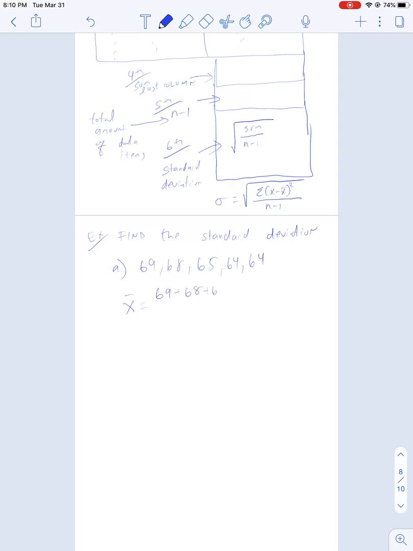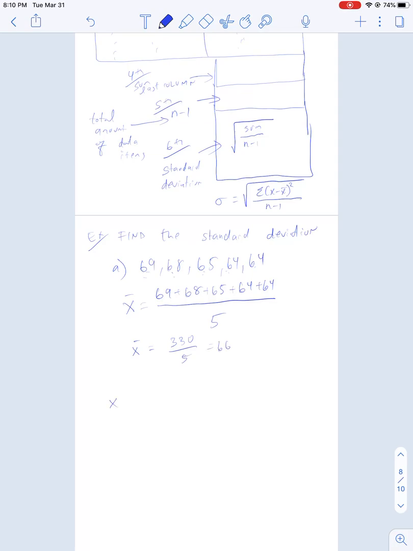So let's find our mean. We did this earlier, but we'll do it again. 1, 2, 3, 4, 5 data items, right? And we got 330 over 5. So this is 66, right?